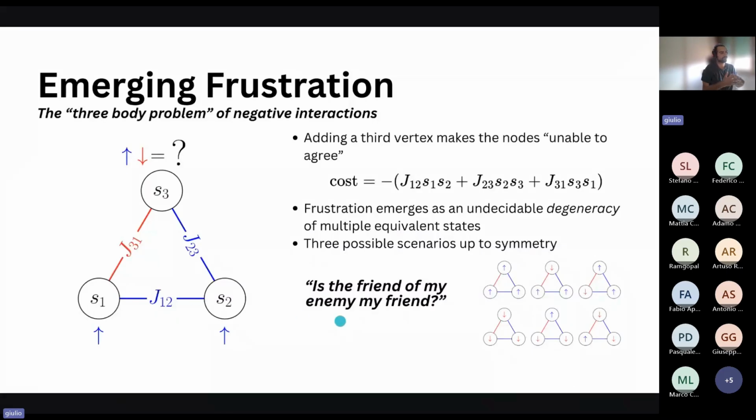What happens is that frustration emerges. That is, there is no longer a single state in which the system likes to settle. Rather, there are three states, up to symmetry, that the system can surf without changing the cost function. And so there is an intrinsic undecidability of the system state a priori, based on the minimization of conflict.